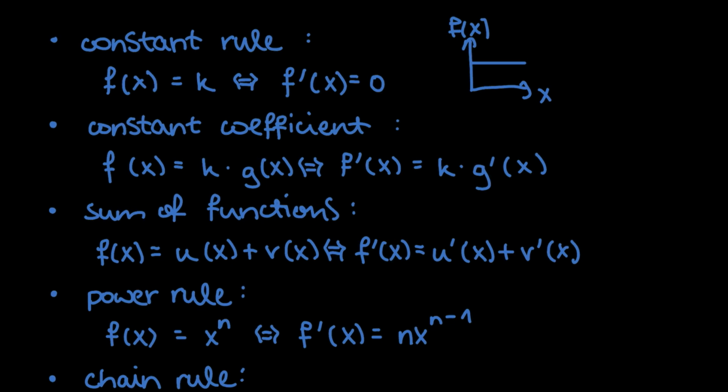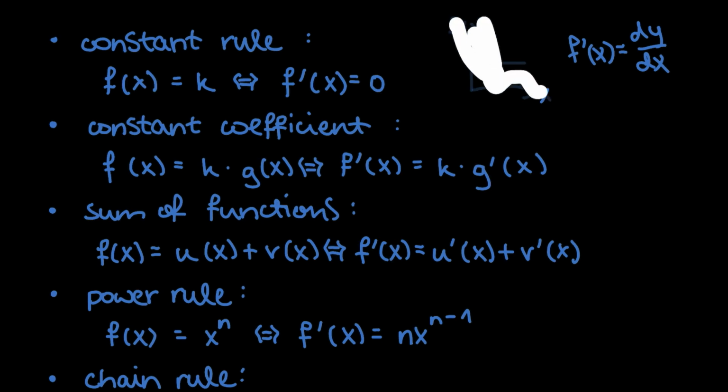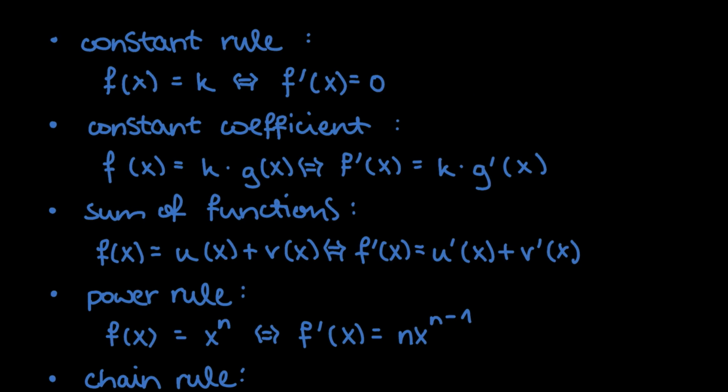There's no change in y, so the derivative is going to be 0, because remember, f dashed of x is the change in y divided by the change in x, where d stands for difference. So if the difference in y is 0, then the derivative will also be 0. What a constant means, essentially, is that it's independent of x, the variable, so it's just a number.